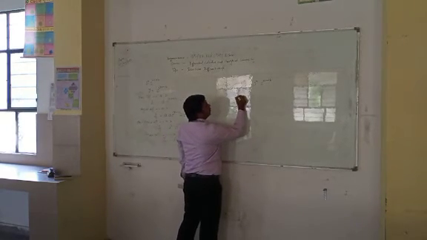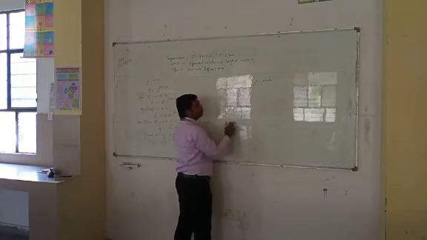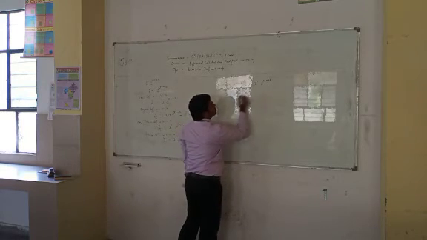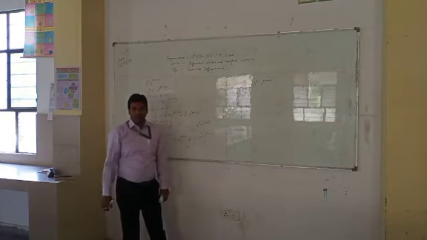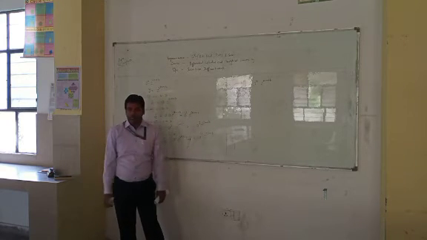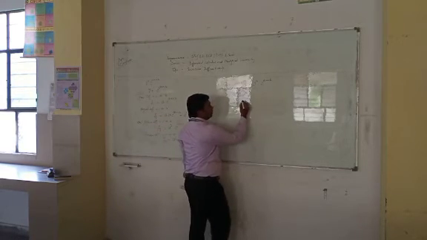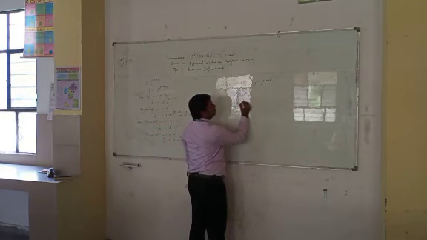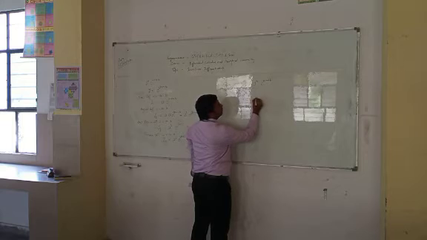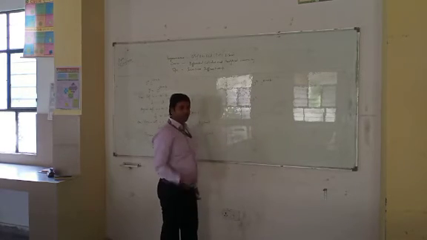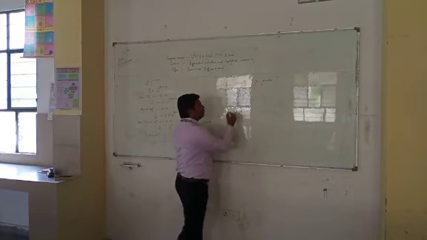Suppose we have to find d to the power n of a to the power x. What is the nth derivative of a to the power x? Then there is no problem. We can write y is equal to a to the power x. Now differentiating with respect to x.